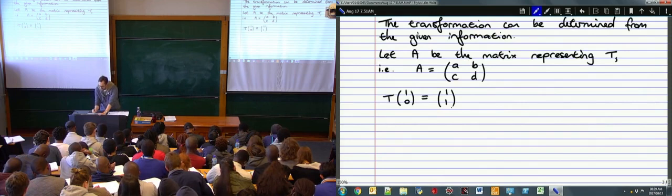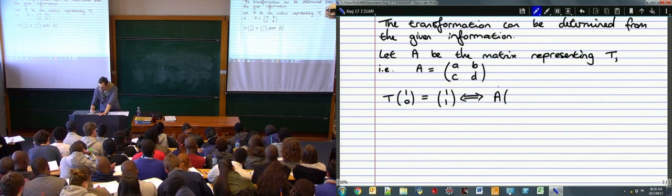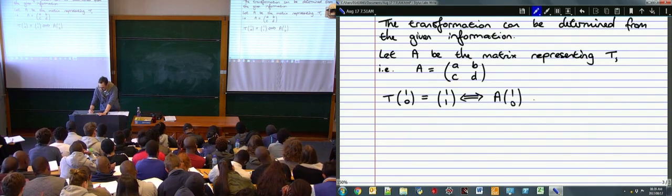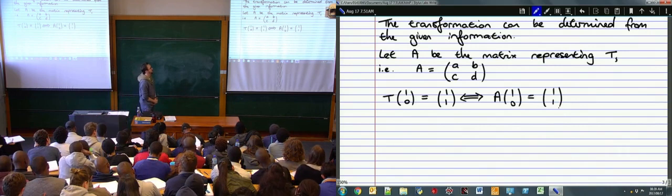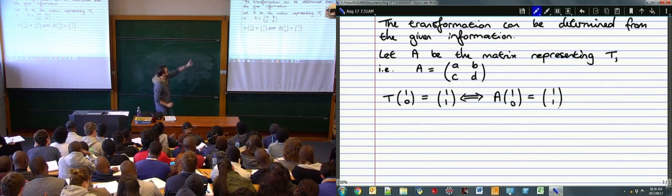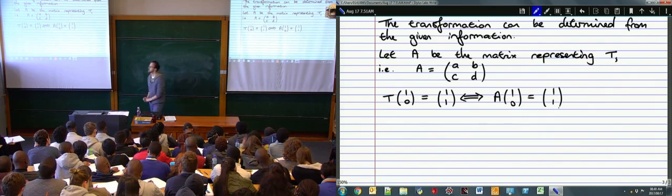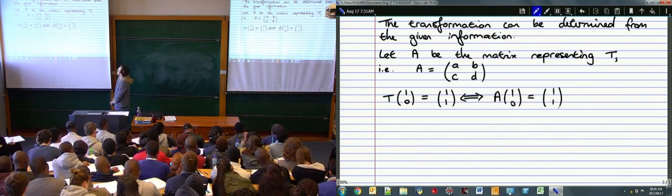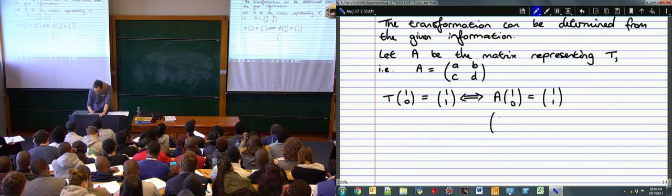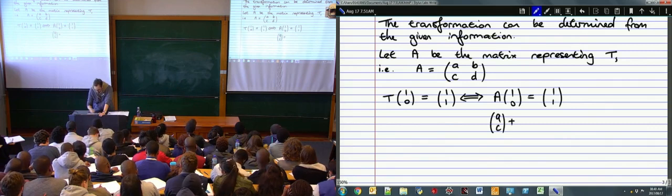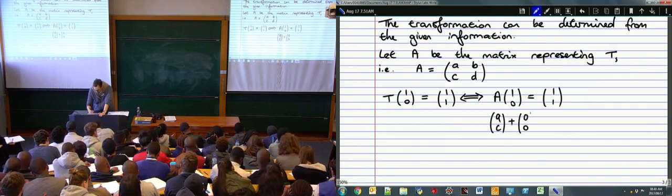So that's completely the same as saying that the matrix multiplication of A with 1, 0 is equal to 1, 1. The matrix A is the matrix that represents T. Instead of saying the transformation of 1, 0, we can say the matrix multiplied by 1, 0. And A multiplied by 1, 0 is AC times 1 plus BD multiplied by 0, and that must be equal to 1, 1.